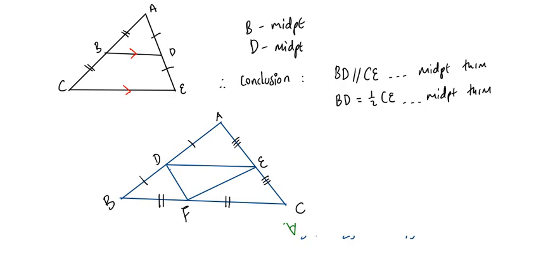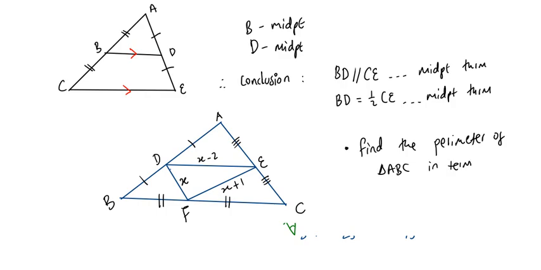Then you are given that here it is x, this is x minus 2, and this is x plus 1. Look at how beautiful that is. Then you know what the question said? Find the perimeter of triangle ABC in terms of x.